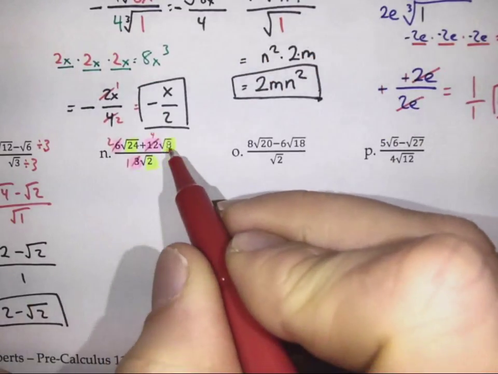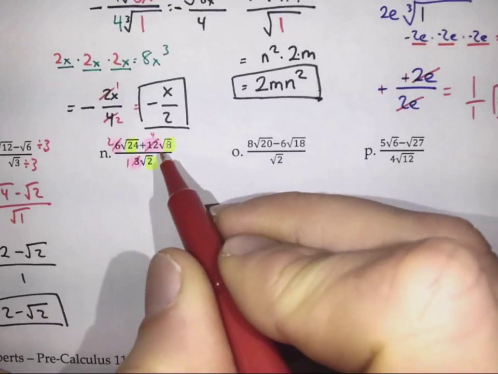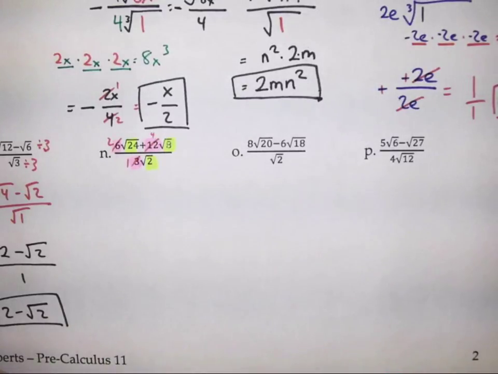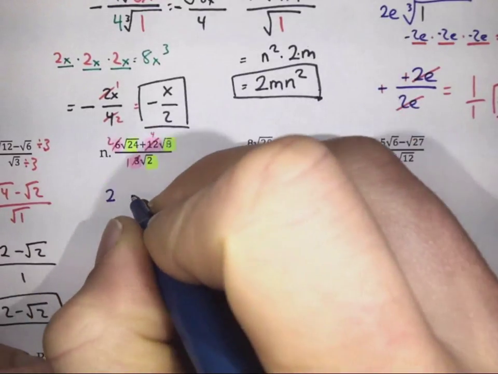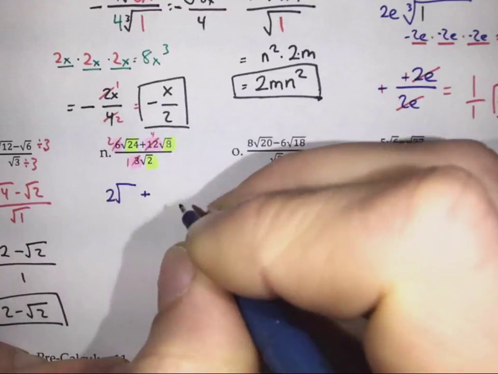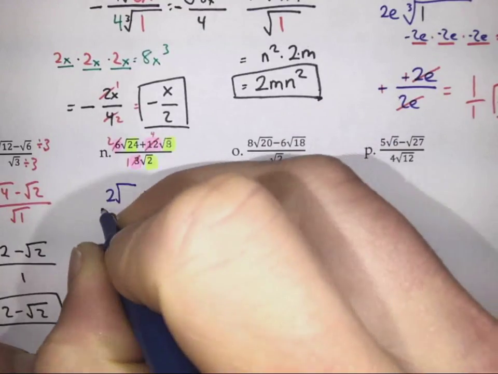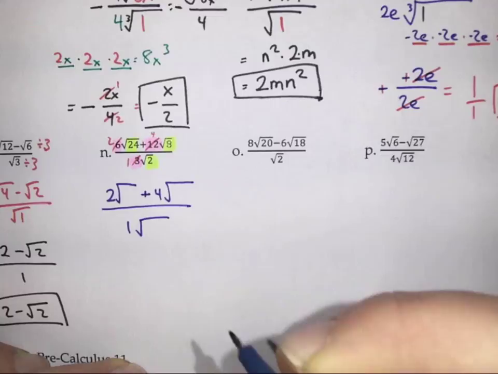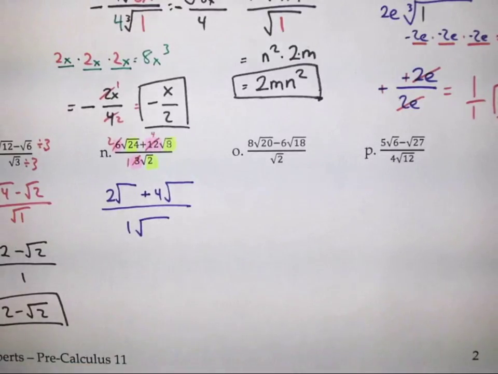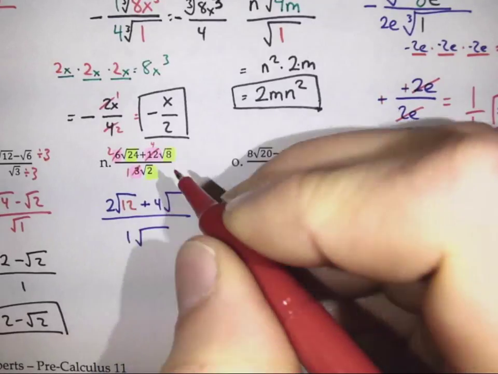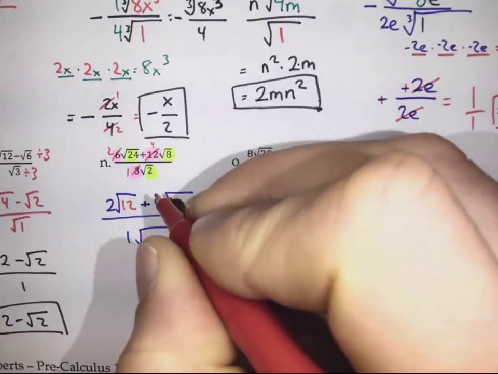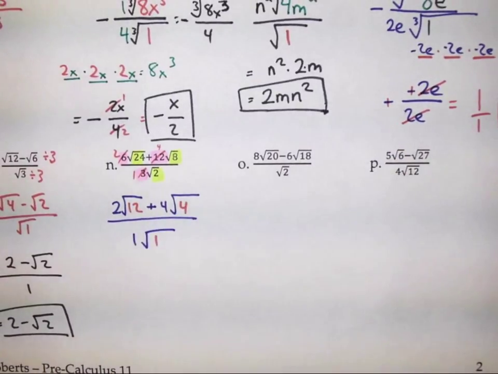And for the inside of the radicals, the radicands, it looks like they can all be divided by 2. So I'm going to write my 2 here, plus my radical, 4 radical over 1 and my radical. Then inside here, I'm going to divide 24 by 2 and get 12, divide 8 by 2 and get 4, and divide 2 by 2 and get 1.